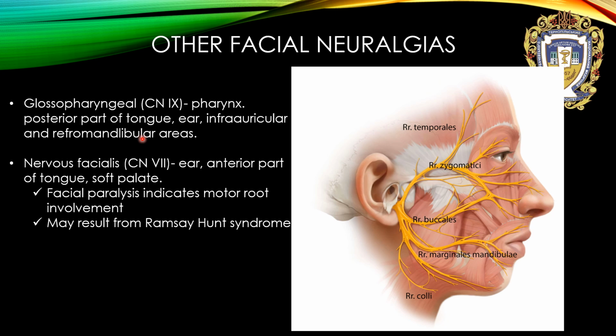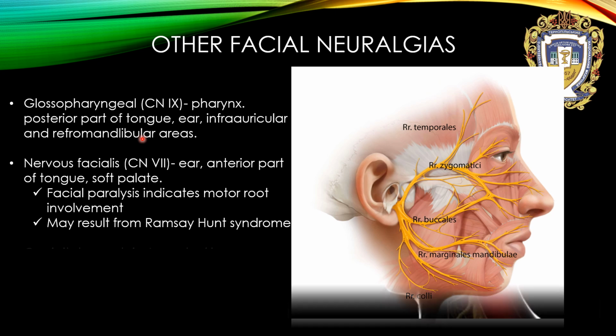Nervus facialis innervates the ear, anterior part of the tongue and soft palate. And we need to remember that facial paralysis indicates motor root involvement and may result from Ramsay-Hunt syndrome.